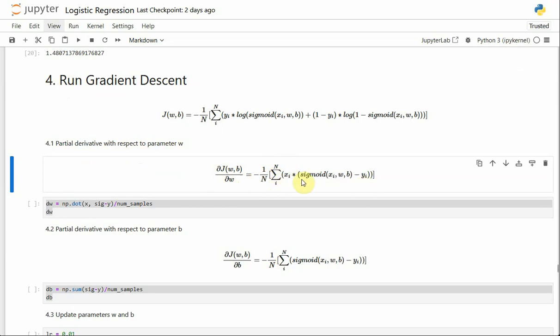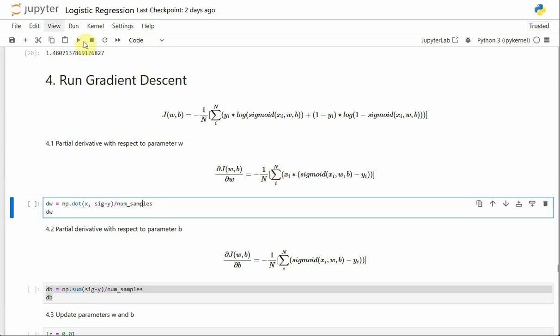For each data point, we multiply the value of x by the corresponding difference between the sigmoid function and the y value. Then divide it by n and take it with a negative sign. So let's compute the derivative, or gradient, of parameter w.